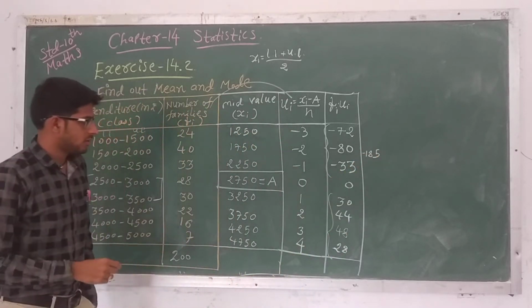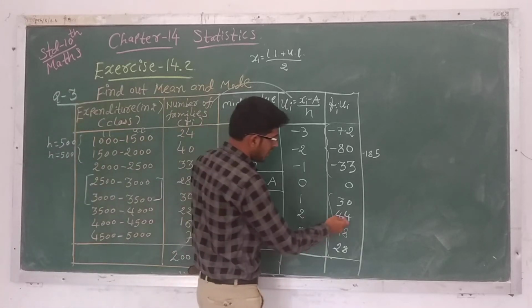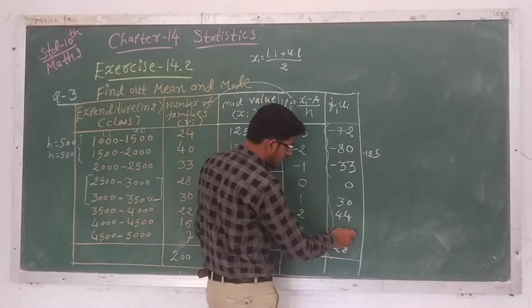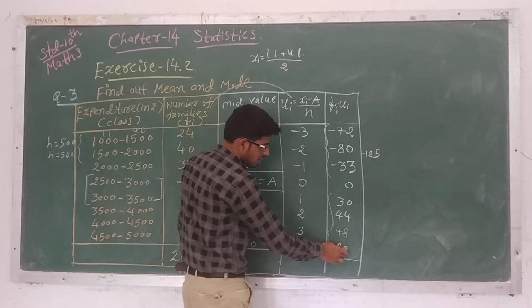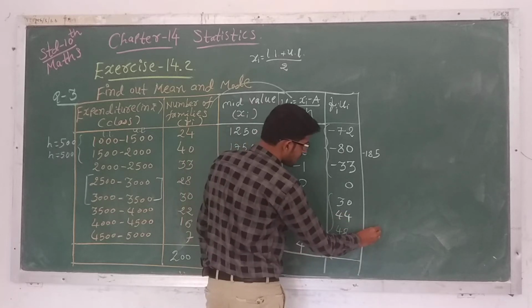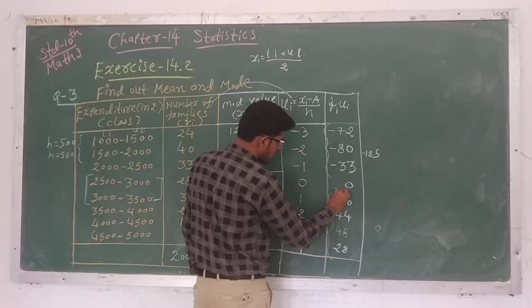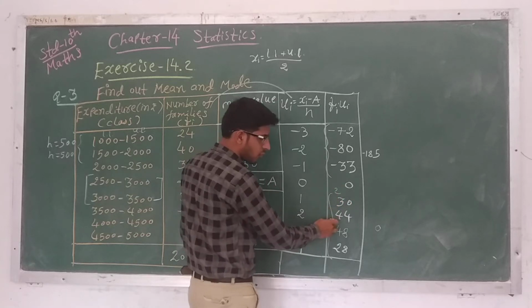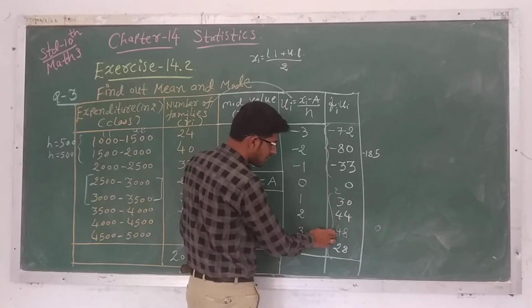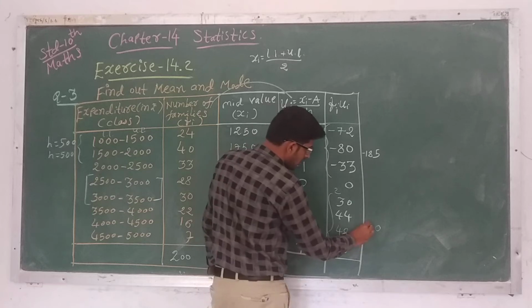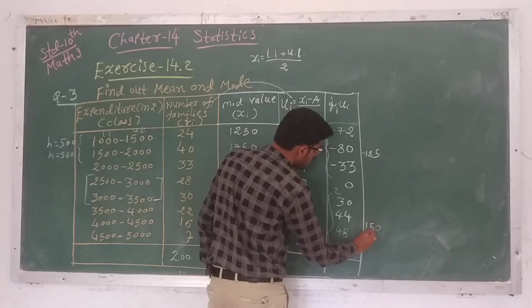Now the addition of positive numbers: 8 plus 8 is 16, 16 plus 4 is 20, so 0 and 2 carry, 3 plus 2 is 5, 5 plus 4 is 9, 9 plus 4 is 13, 13 plus 2 is 15, so 150.